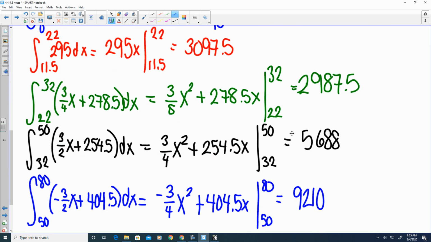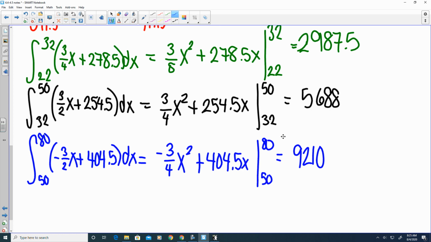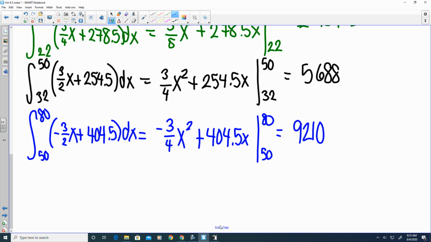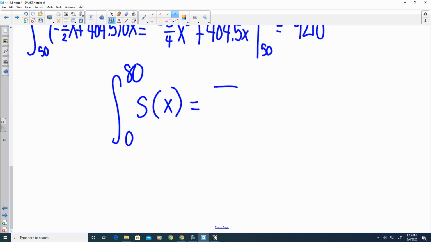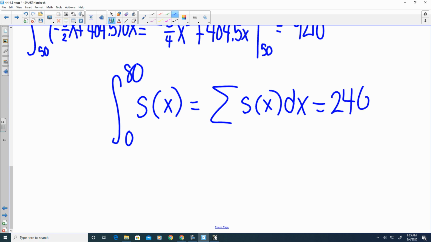The question, however, is what is the average value from 0 to 80? So not only do I need to add them all up, but I also need to multiply on the outside by 1 over b minus a. So first, the integral from 0 to 80 would be the sum of all the pieces, which is 24,640.